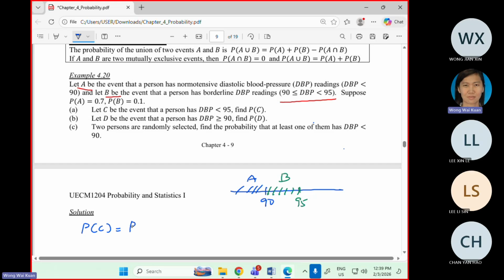So that is the probability of A union B, or you can just do probability of A plus probability of B, because there's no intersection. No intersection because this one has no equal sign and this one has the equal sign. We took care of that already. So this is 0.7 plus 0.1, so this becomes 0.8.